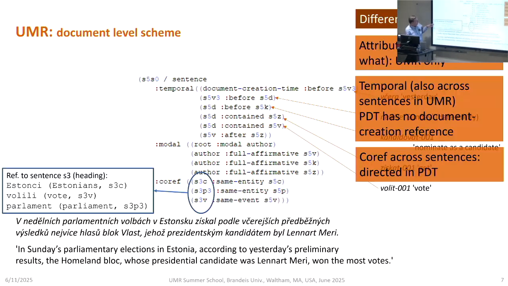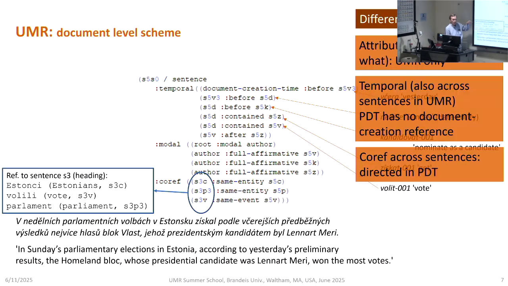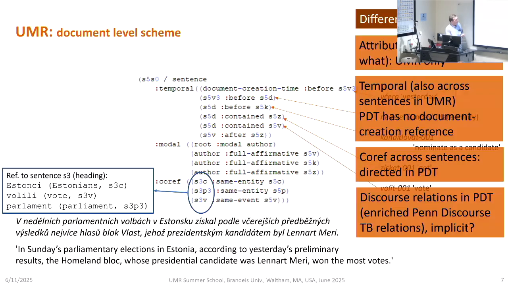And the sentence I showed on the previous slide was preceded, two sentences before, by a heading which said the Estonians had parliamentary elections essentially. And so the coreference is to Estonians to vote in the parliament because it was repeated in the sentence.